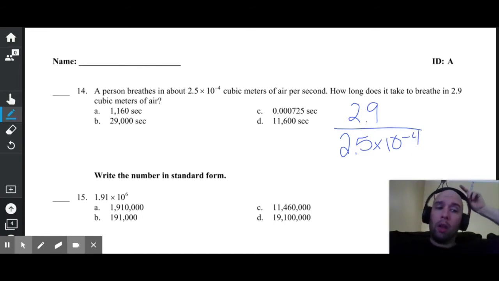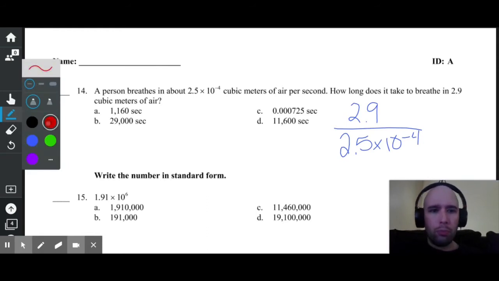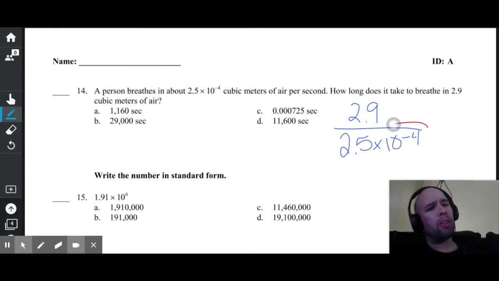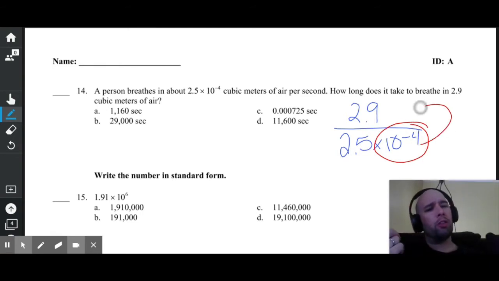Now, normally if you had a calculator, you would just run straight to your calculator and do 2.9 divided by parentheses, 2.5 times 10 to the negative 4th, close parentheses, enter, then you have your answer. I don't have a calculator on me, so I'm going to basically take the numbers that I have and kind of go with it. So, first things first, see that negative exponent right there? Negative exponent lives on the bottom, so let's move it to the top.